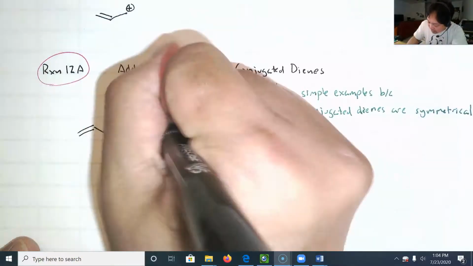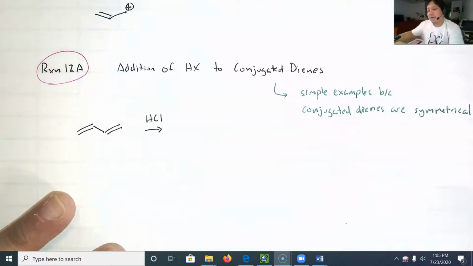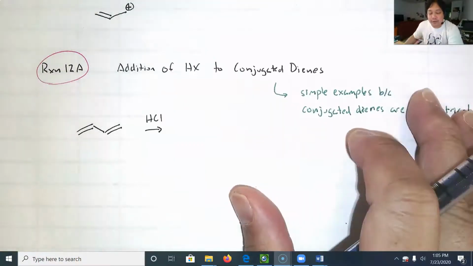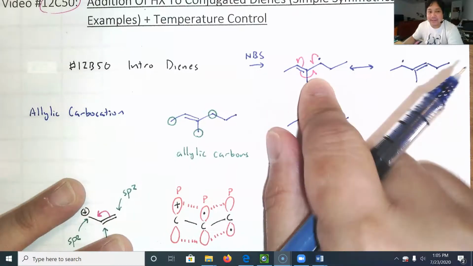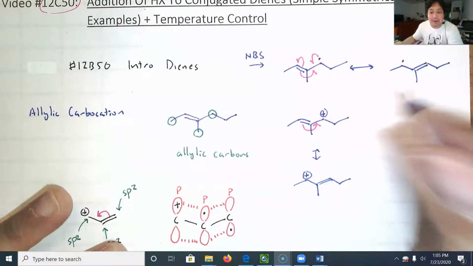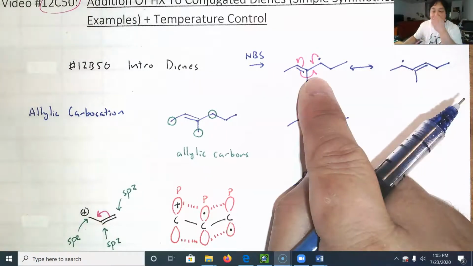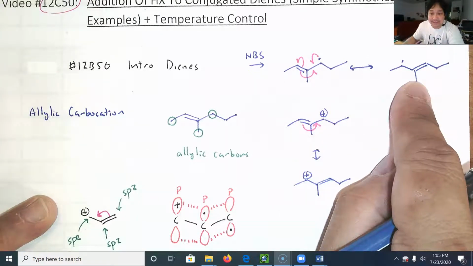HCl. So, if you recall your unit where you did radical halogenation, many times we would get more than one product. Most times we would get 2 products, one from the initial radical and one from the radical that you get from resonance.